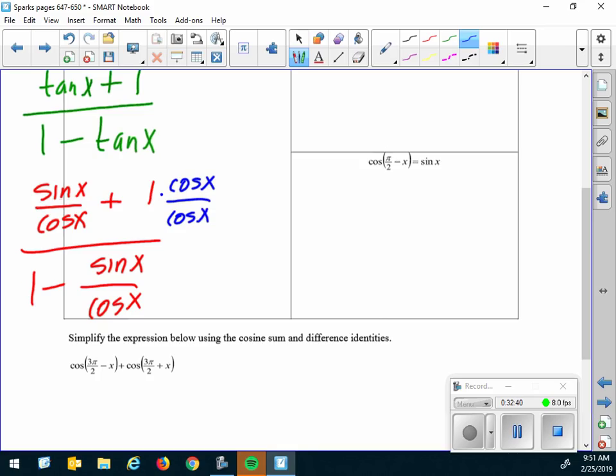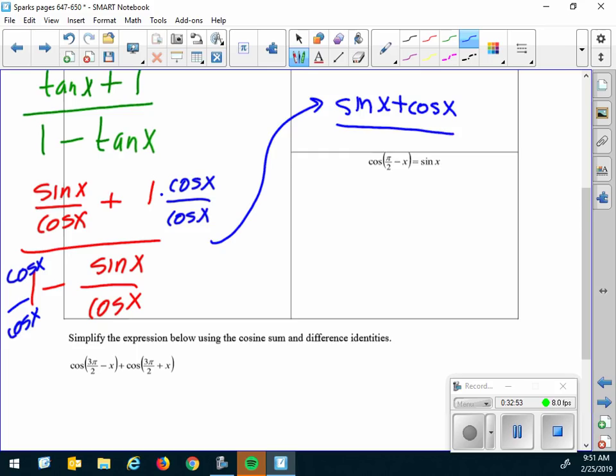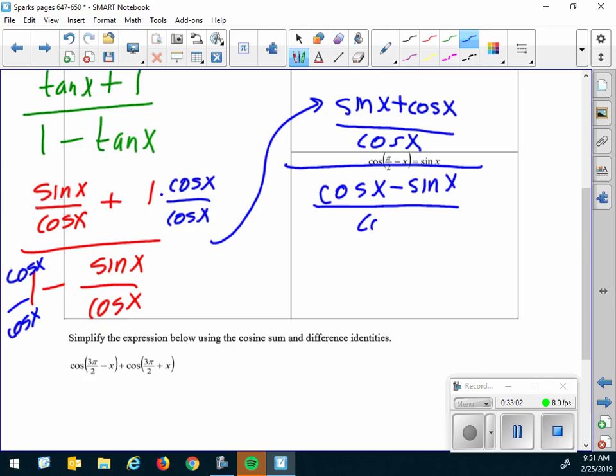And then here we'll need a common denominator. All right, so let's go up here. So the numerator gives me what? Sine x plus cosine x over cosine x, all divided by cosine x minus sine x over cosine x.